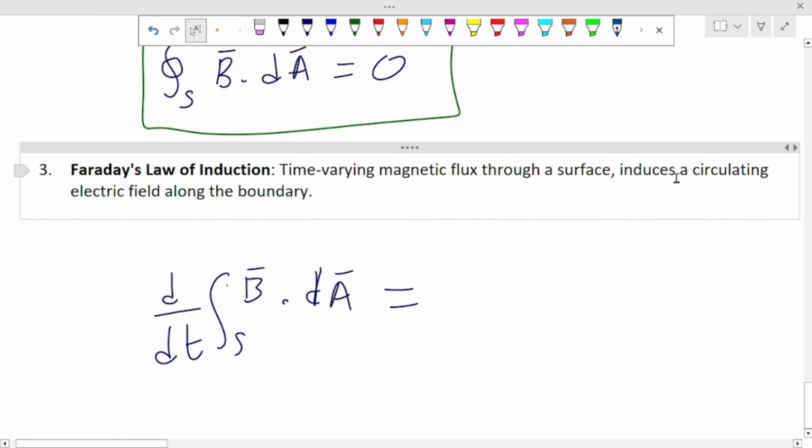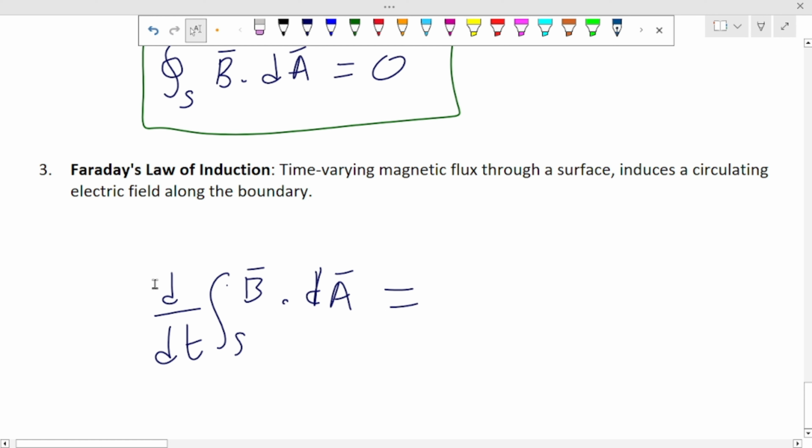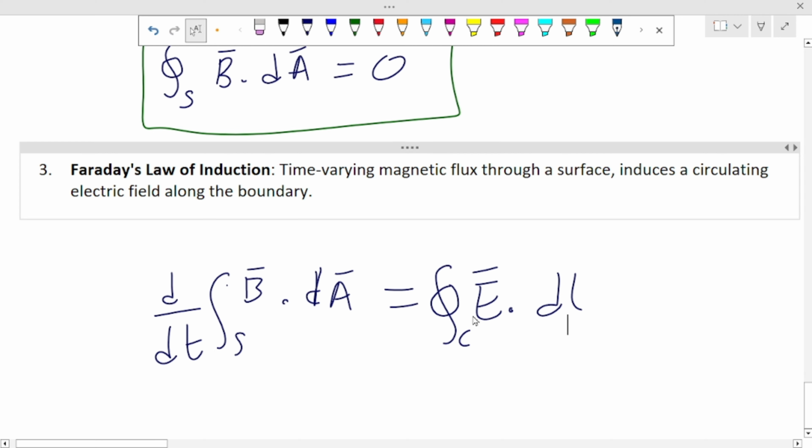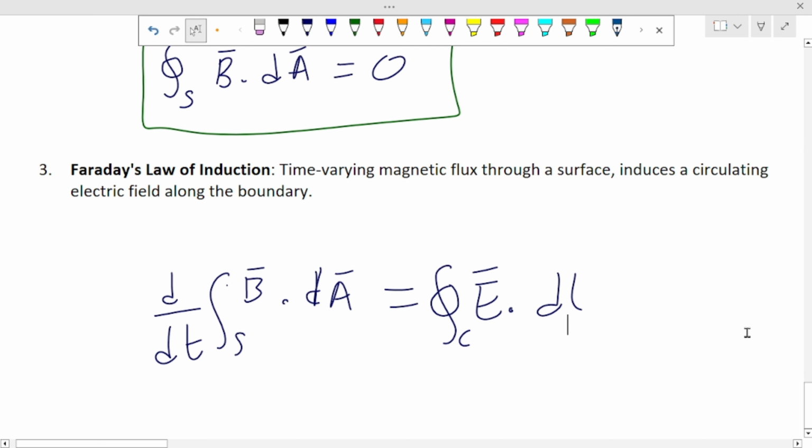What happens to it? It induces a circulating electric field along the boundary. So it induces a what? Circulating electric field that circulates along what? The boundary, and the boundary has to be closed. So this is a line integral. Why do I say line integral?